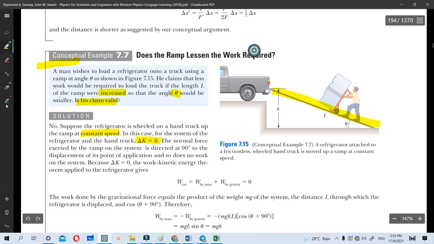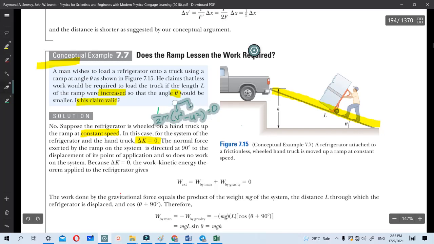Remember that the change of kinetic energy is half mass times V final squared minus V initial squared. Since they are of the same value, that's the reason why you arrive at 0 change in KE.